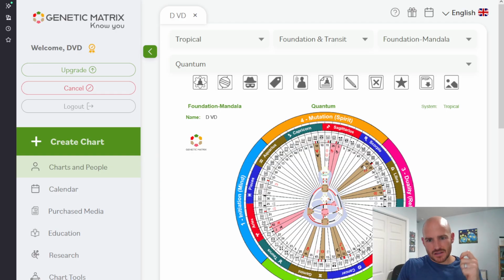So each quality in each gate and each degree is going to be mapped over to that coloring of that planet in your chart, and with that specific quality. So it's absolutely amazing the level of detail that this is able to break it down into.